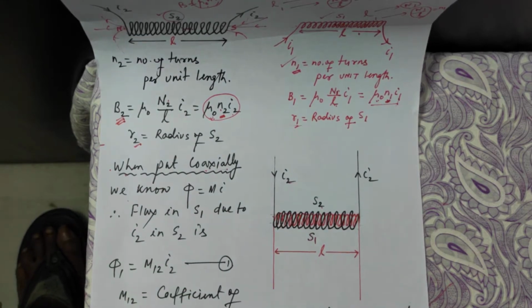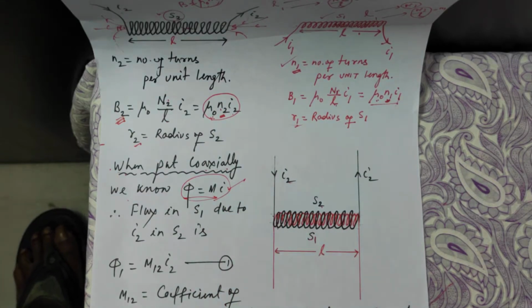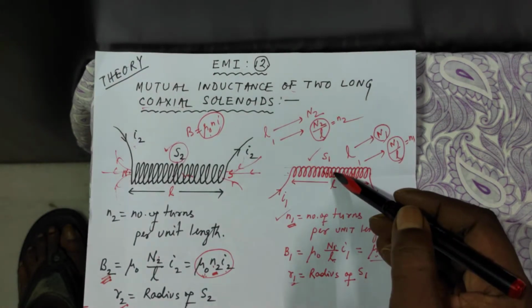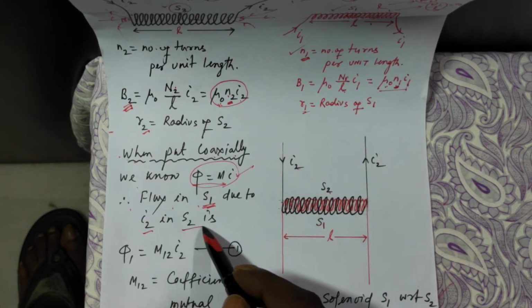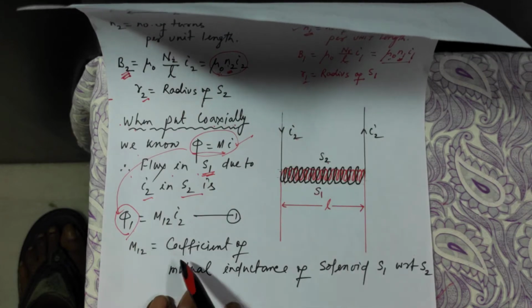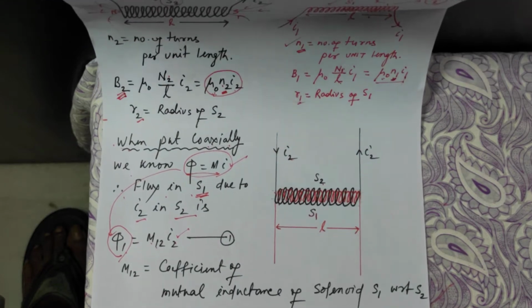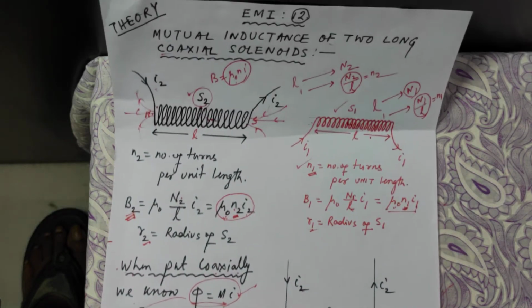We know from the coefficient of mutual induction that the flux is equal to M times I. Therefore, the flux in S1, the red solenoid, due to current I2 in S2, using this expression, will be phi 1 equals M12 I2, where M12 is called the coefficient of mutual inductance of solenoid S1 with respect to S2.